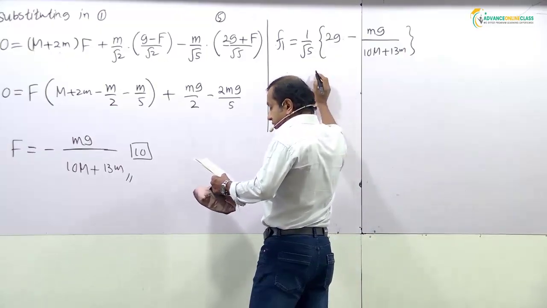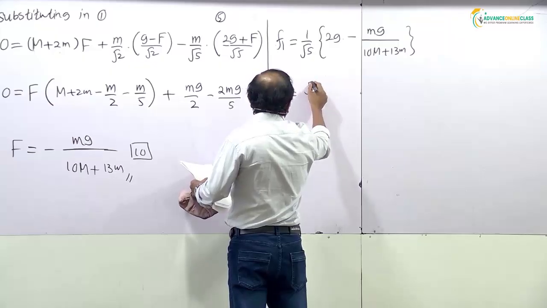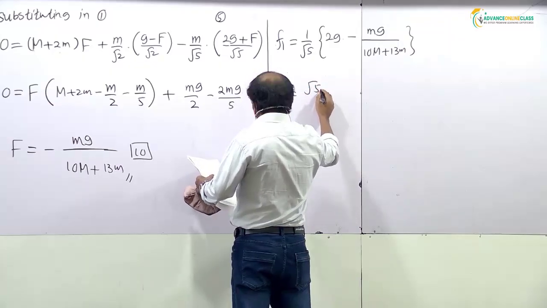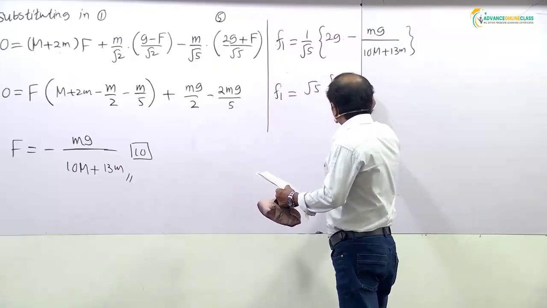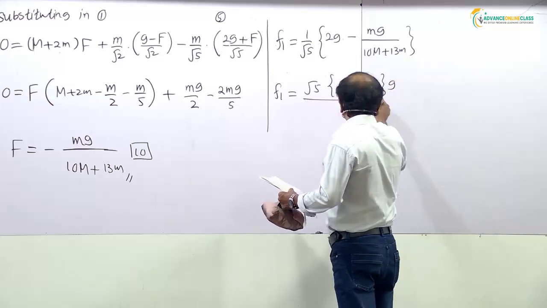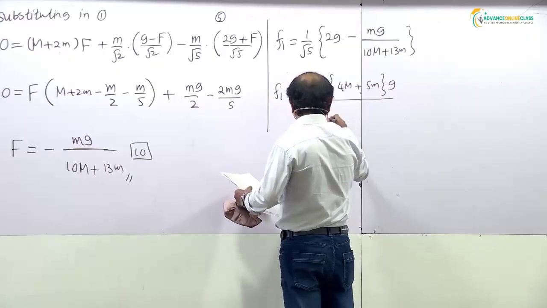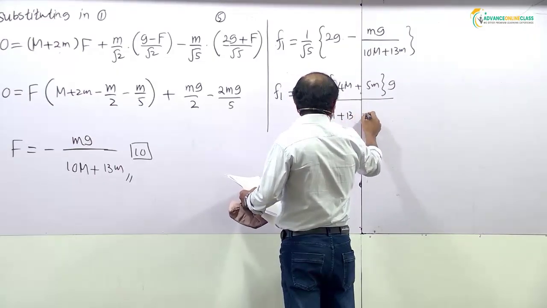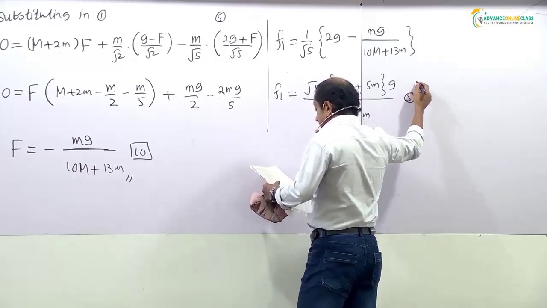Simplifying this, you get F1: root 5 coming, 4 capital M plus simple M times g divided by 10m plus 13m. 5 marks. Okay. Here 5 marks.